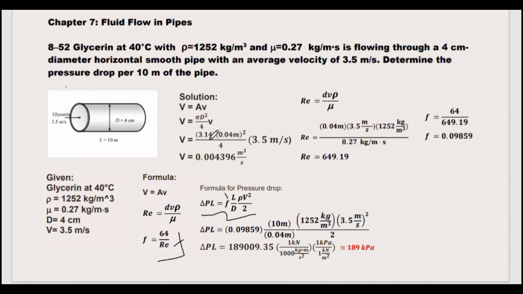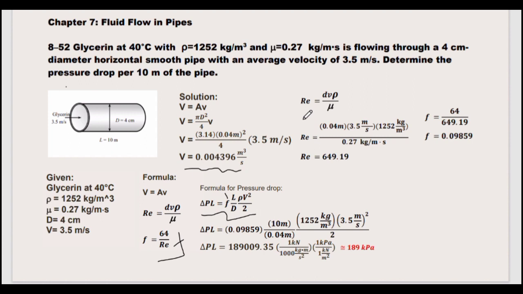Plug in the values: 3.14 times 0.04 meter squared over 4 times 3.5 meters per second. We will have 0.04396 cubic meter per second.